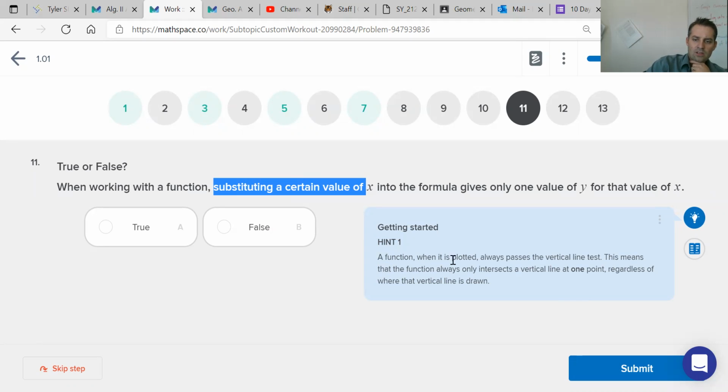A function, when it is plotted, always passes the vertical line test. This means that the function always only intersects a vertical line at one point, regardless of where the vertical line is drawn. So what do you think, guys? True or false? Oh, true. Okay, true. Let's try true and see what it is.